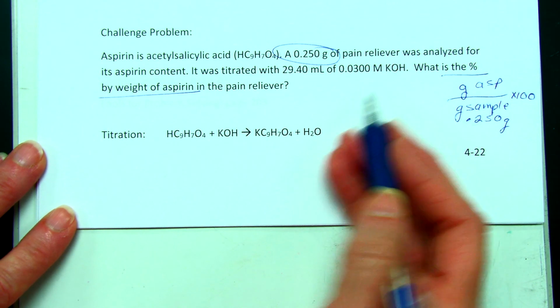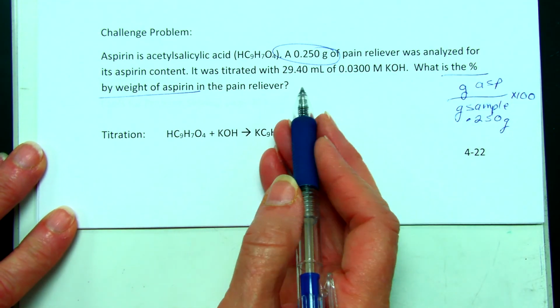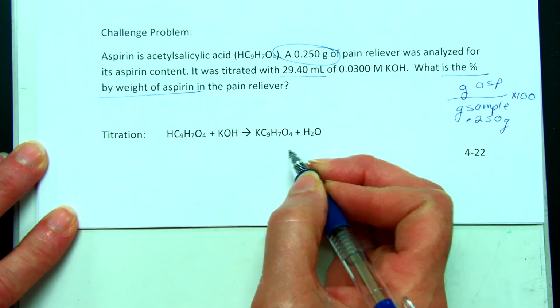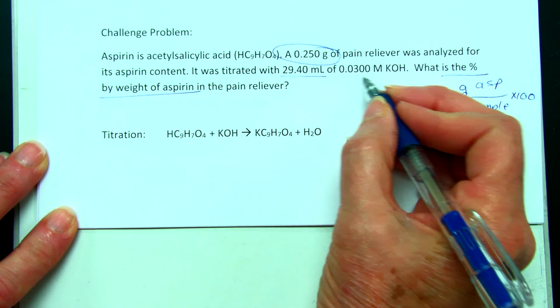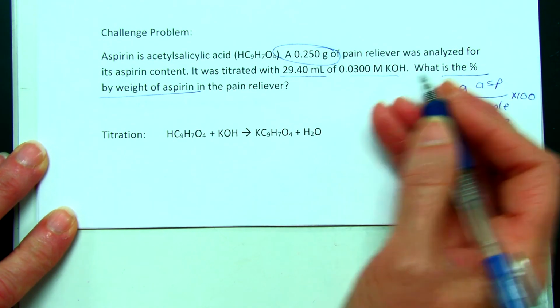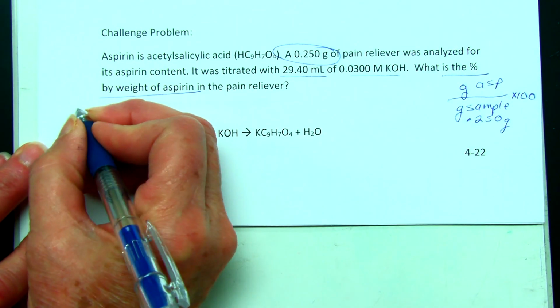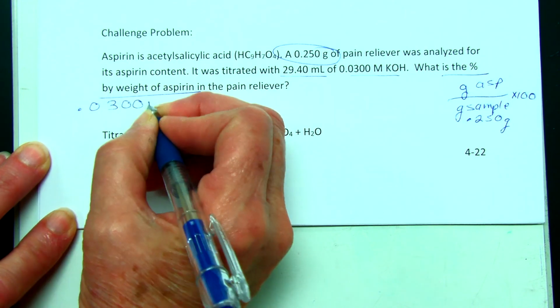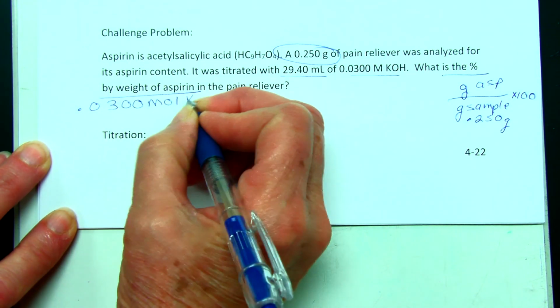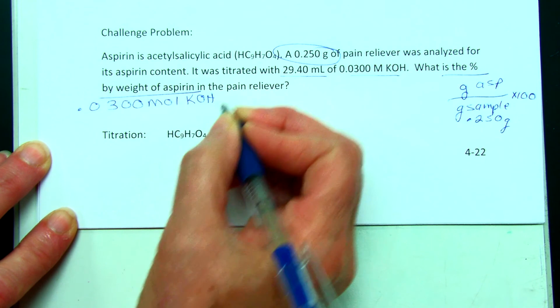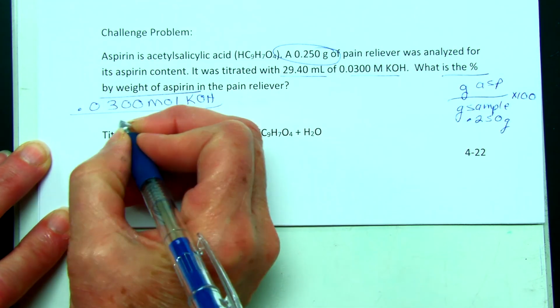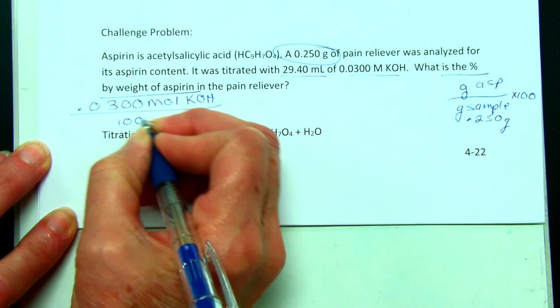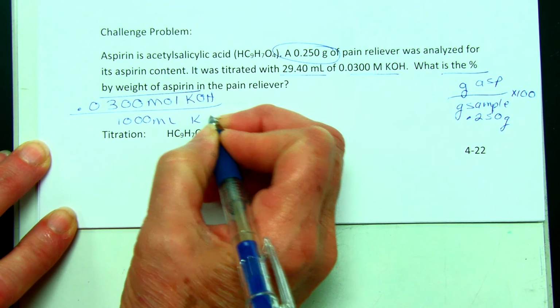So we look at this and we say, okay, what do I know? I know the volume of my titrant and I know the molarity of my titrant. So again, I find it helpful to write these numbers down, breaking the molarity into a two-part unit: 0.03 moles of potassium hydroxide per 1,000 mL of KOH.